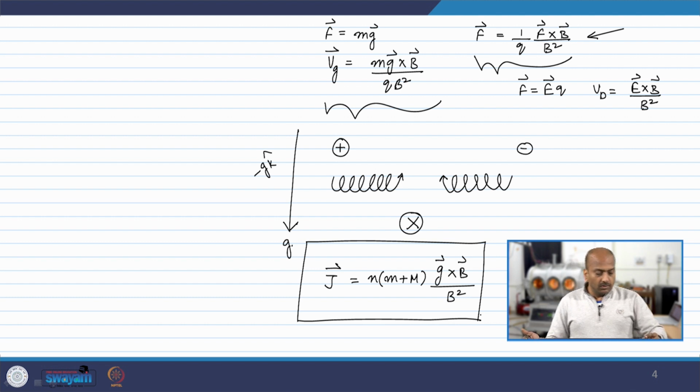Now, coming to the topic of today's discussion, we have to see how the magnetic field will affect the particle, or how a time varying magnetic field can affect the particle's movement. At this point of time, we know very well that a magnetic field will not be able to change the kinetic energy of the particle, right.